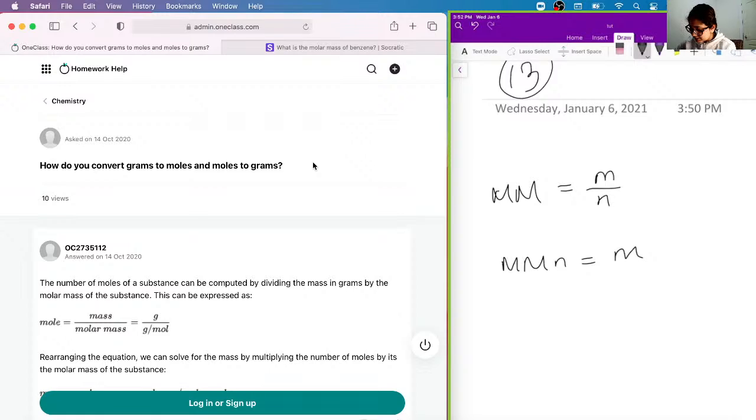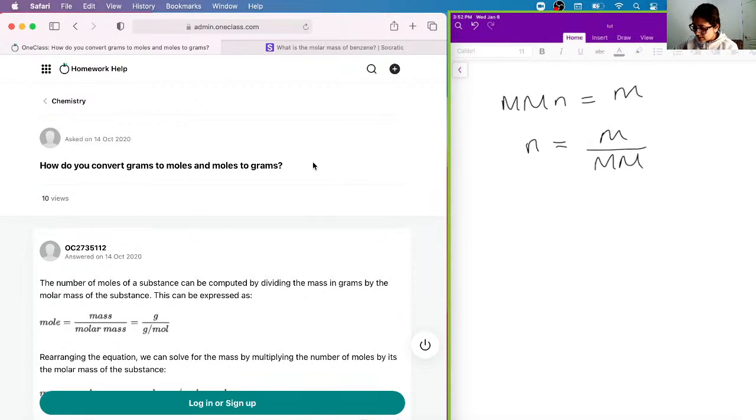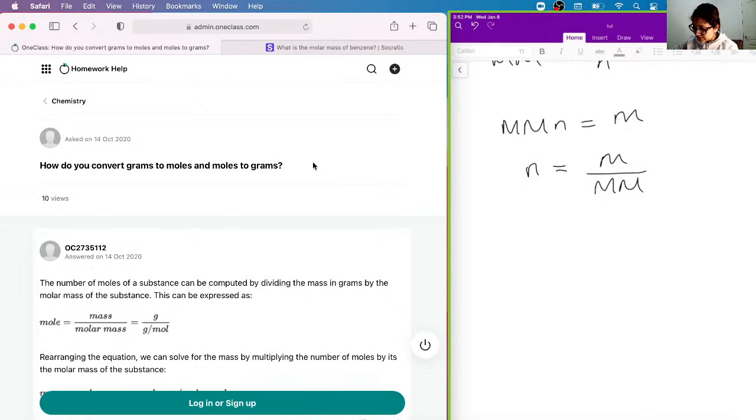Since the molar mass is attached to the number of moles, you have to move it to the other side. So you have moles equal to mass over molar mass. Since it's in multiplication, when it goes to the other side it becomes division. So this is how you find moles from molar mass and mass.